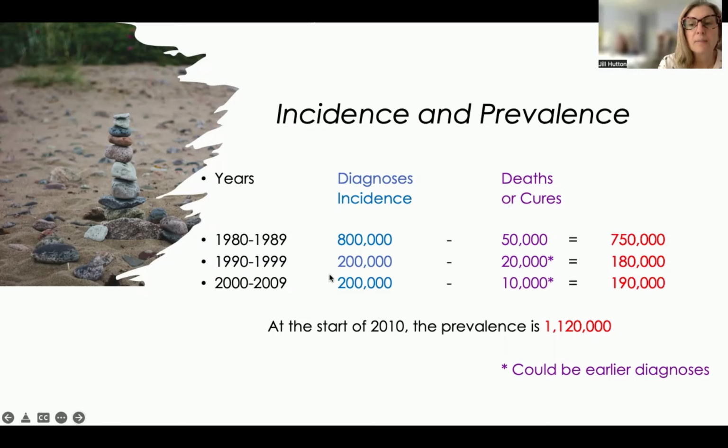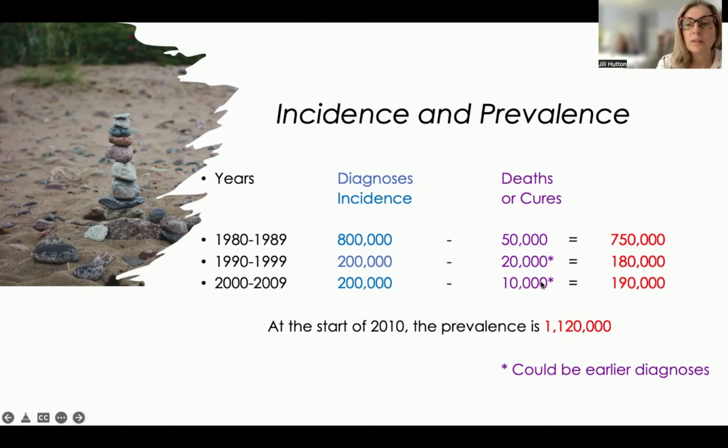In the 90s, 200,000 more people are diagnosed, so the incidence in the 90s is 200,000. We lose another 20,000, resulting in a net of 180,000 new cases in the 90s. In the 2000s, 200,000 people are diagnosed, so again our incidence in the 2000s is 200,000.